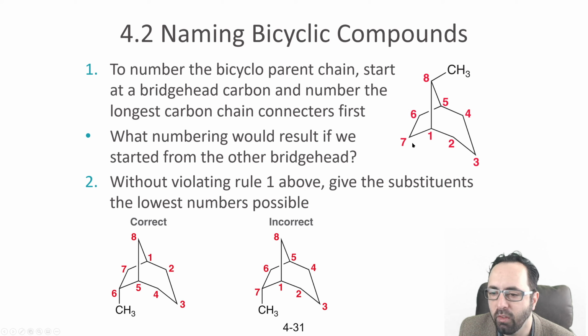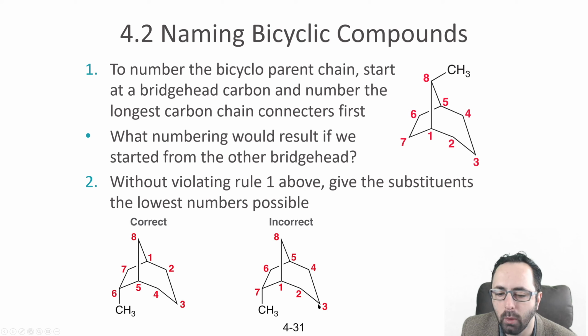Okay. Finally, while following this rule, we want to number around in a direction that will give our substituent the lowest number. So, for example, with this one here, we would make this one number 1 and go 1, 2, 3, 4, 5, because we're numbering around the longest region here, the longest number of carbon chain connectors, and then we get to the branch at number 6.